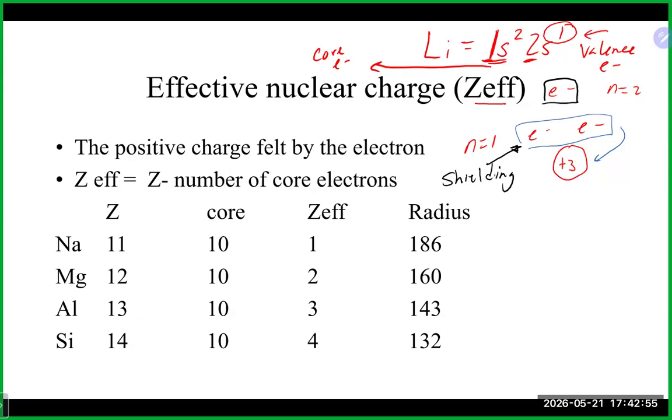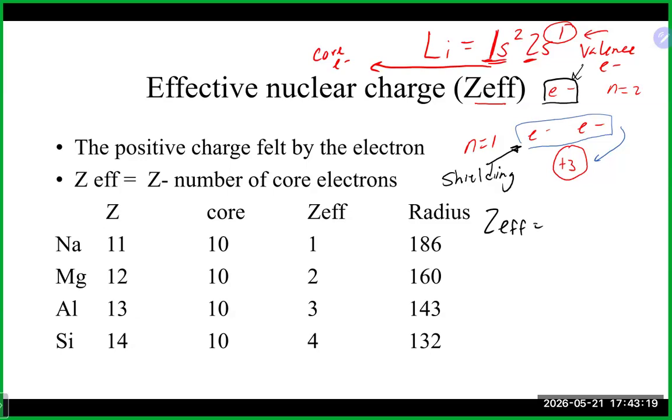And essentially what they're doing is shielding that outer electron from the full brunt of positive charge from the nucleus. So instead of feeling a +3 charge like these lower energy electrons are in terms of attraction, this outside electron is actually feeling a much lower positive charge. That's what's known as effective nuclear charge, or Z effective.